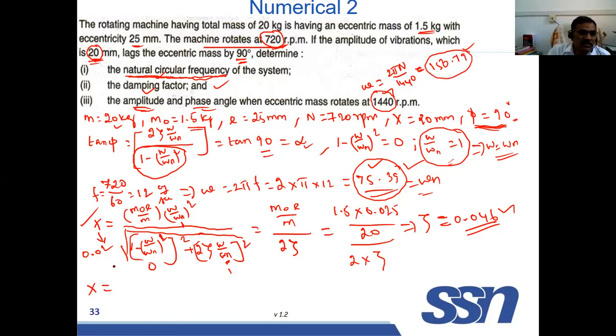So here m naught is equal to 1.5, E is equal to 0.025, divided by m. M is equal to 20. Omega by omega n: the new omega value is 150.79 divided by 75.39, the whole square.